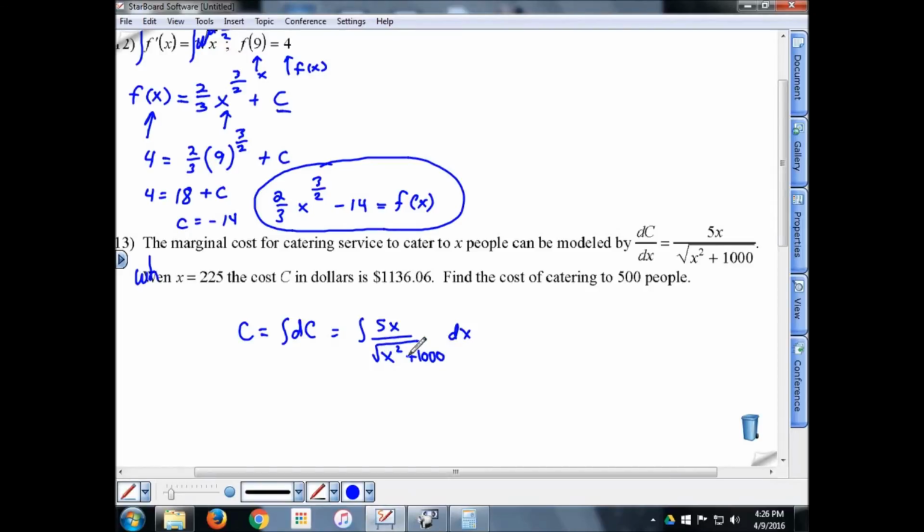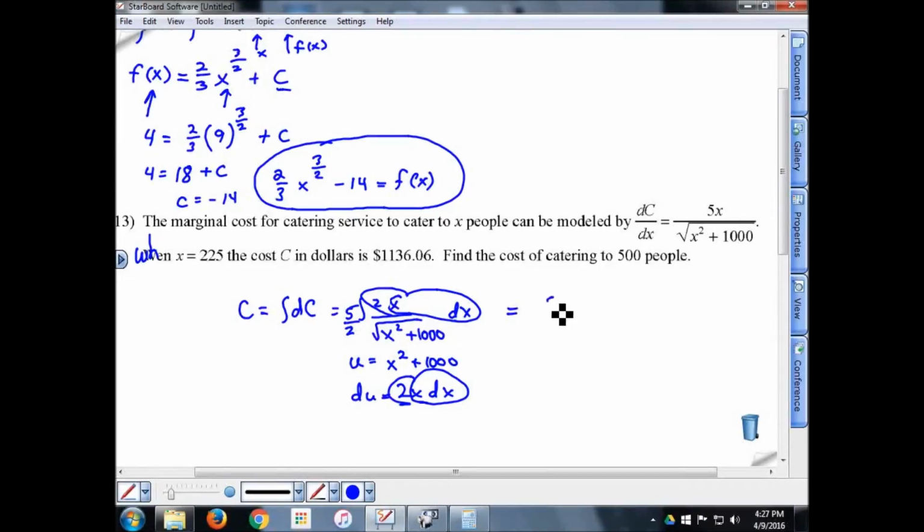So if we do a u substitution here with our inside function, then du is equal to 2x dx. Now we've got the x dx, but there should be a 2. So I'm going to move this 5, put a 2 there, divide by the 2.